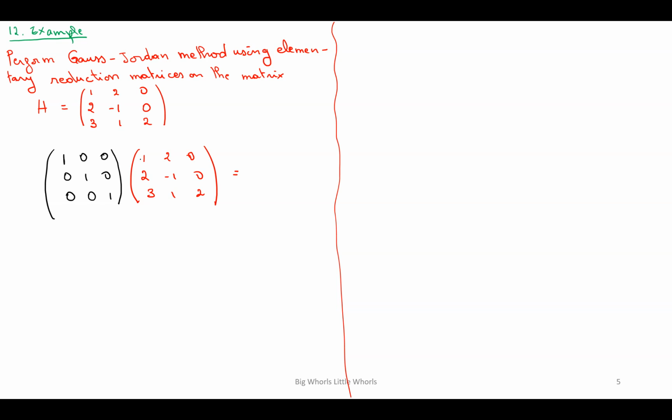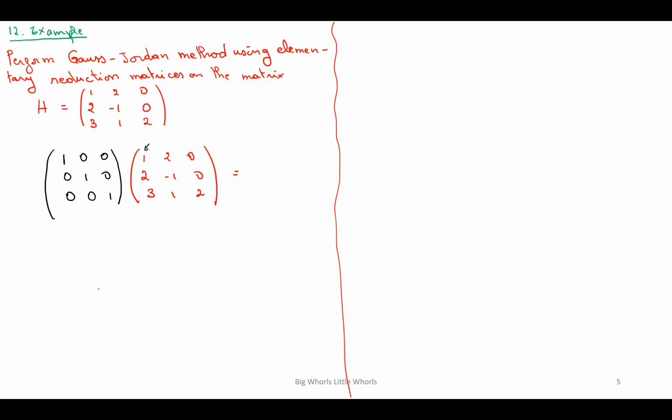Okay, now we are performing Gauss-Jordan method. What we are looking for is to use the one here, the one there, to be able to eliminate the 2 and the 3 below the 1. So for example, to be able to use row 1 to eliminate the 2 in row 2, I want to combine these 2 rows.